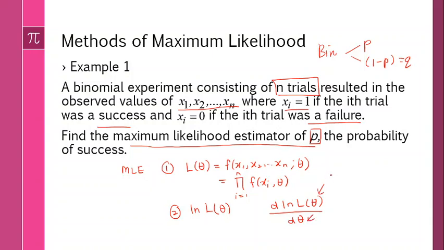If here it is sigma squared, then you differentiate with respect to sigma squared, depending on the parameter. Then you set this function equal to 0, because we are trying to maximize the estimator. Next you solve for the parameter θ.